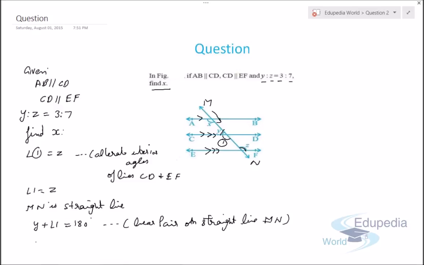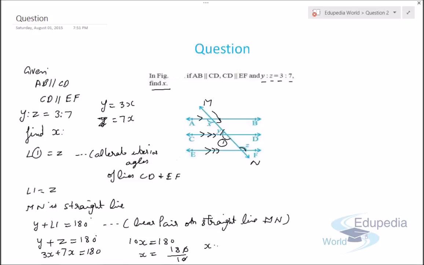So we can write y plus z is 180 degrees, because angle 1 equals z. Since y is to z is 3 is to 7, we can write y as 3x and z as 7x. So 3x plus 7x equals 180 degrees. So 10x equals 180 degrees, x is 180 upon 10, so x is 18.